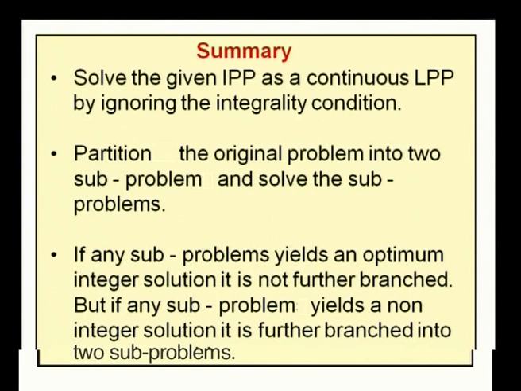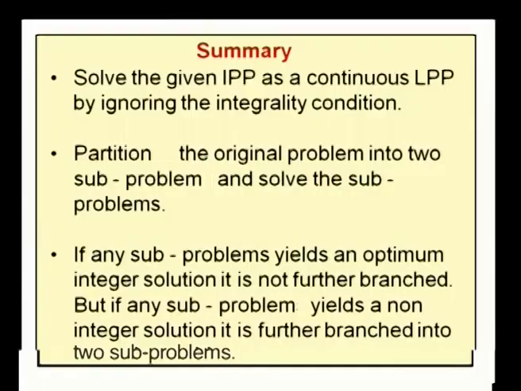If any subproblem gives an integer optimal solution, then for such a subproblem further branching is not required. But if any subproblem does not give an integer optimal solution, then again that subproblem is branched into two subproblems.